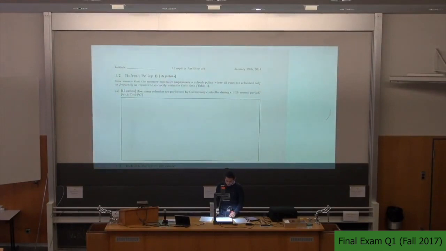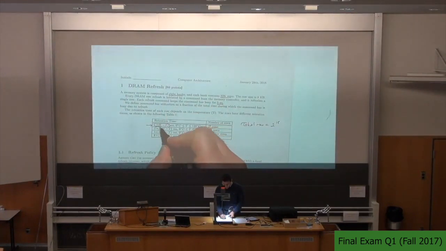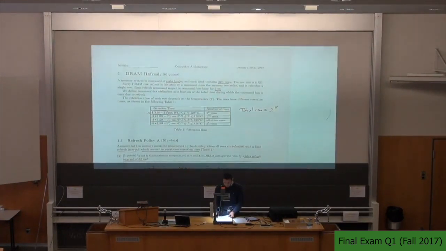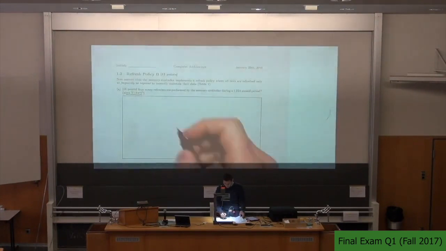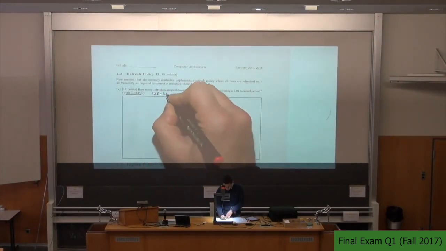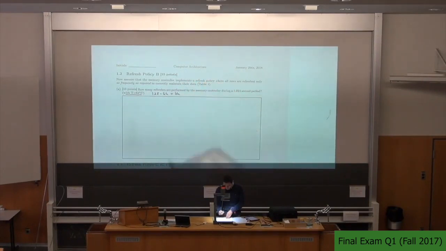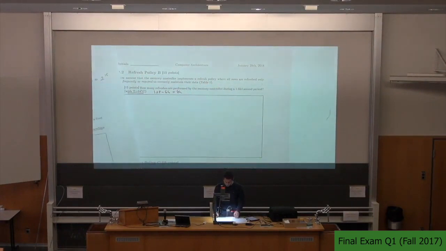We are given a temperature which is 64, and let's directly calculate the retention time for this one, because the rest of them will be just the multiplication of the first row. So it will be 128 minus 64, and the retention time will be 64 milliseconds.